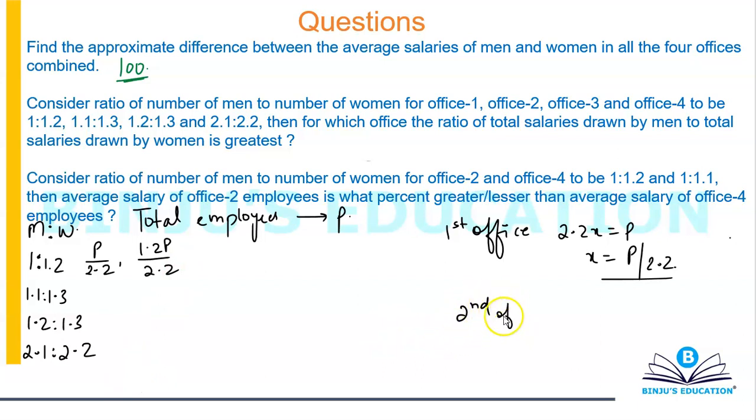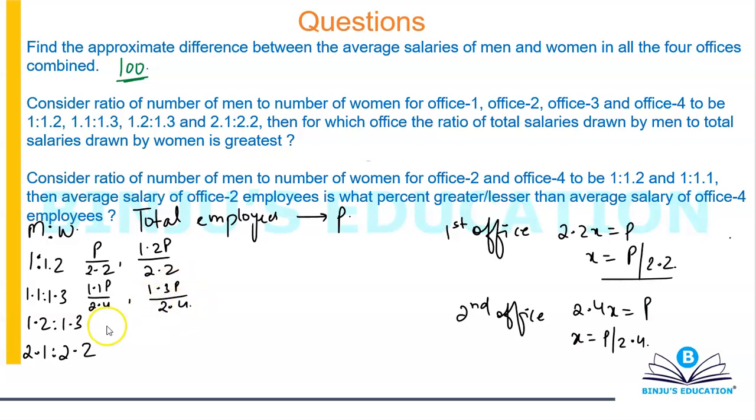For the second office, you can say that 2.4x is equal to P, or x is P by 2.4. So this is 1.1 P divided by 2.4 and 1.3 P divided by 2.4.